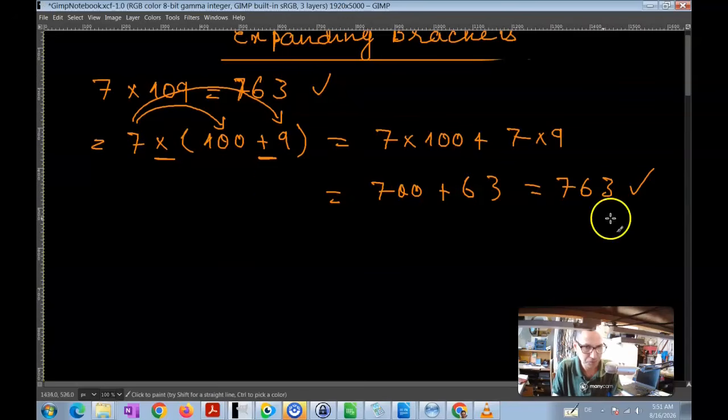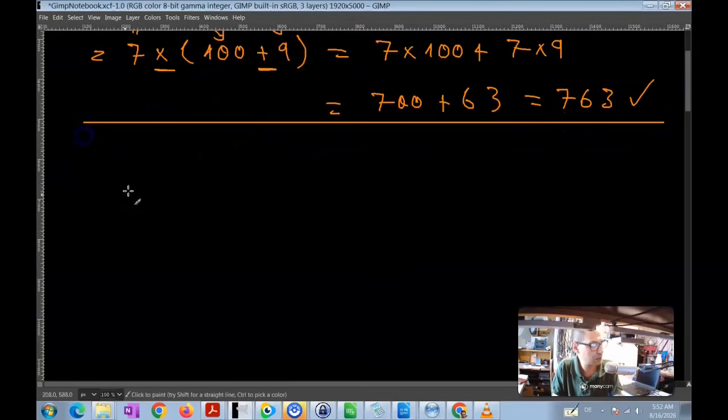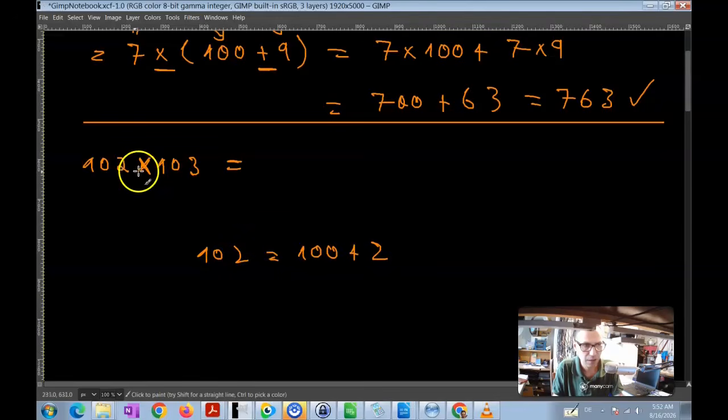Now suppose that you have a more complicated calculation. For example, 102 times 103, right? Now 102 is the same thing as 100 plus 2, and 103 is the same thing as 100 plus 3, right?